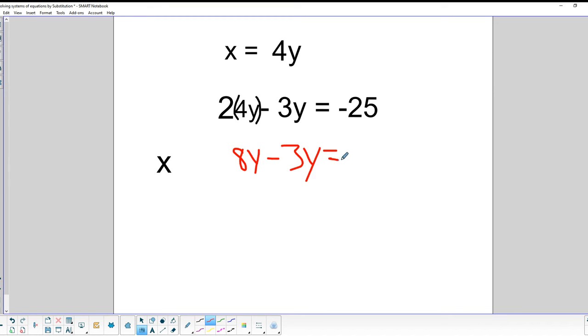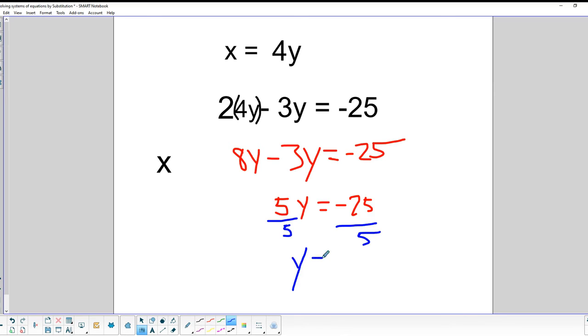And that equals -25. So let's combine our like terms on the left side here. 8y minus 3y is 5y. And 5y equals -25. All right, so let's divide both sides by 5. And we end up with y equals -25 divided by 5, which is -5.